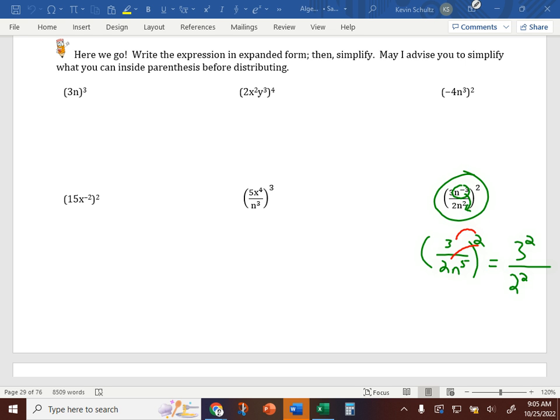And then I distribute my exponent into my variable base, which already has a power, n to the 5th, which will become n to the 10th, right? Exponents multiplied. So my simplified expression is 3 squared over 2 squared n to the 10th. If you wanted to multiply those powers out and put 9 over 4 n to the 10th, then you could. Okay? Either one would be fine.